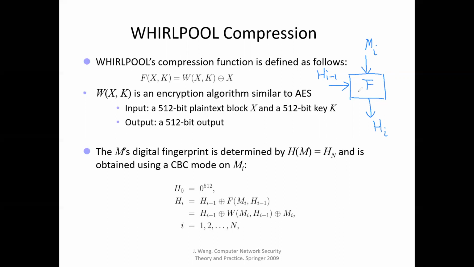So f actually is an encryption, which is W_k(x) exclusive or x. So it's mi. So this is W, and then whatever the output here, you are going to do an exclusive OR.